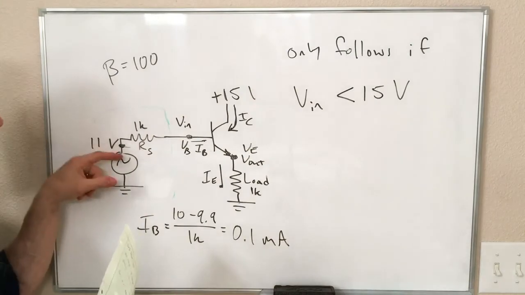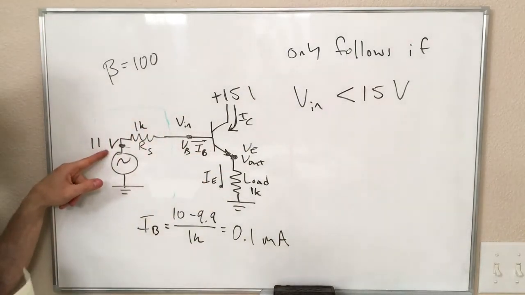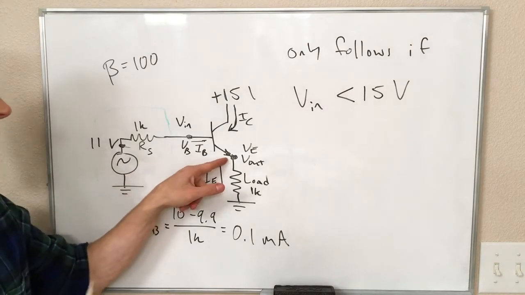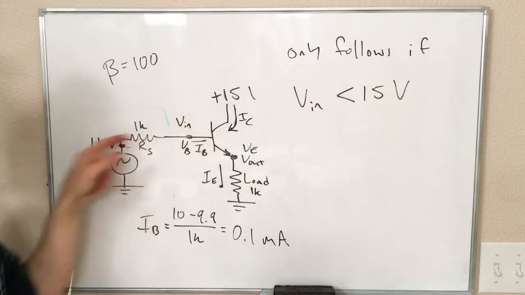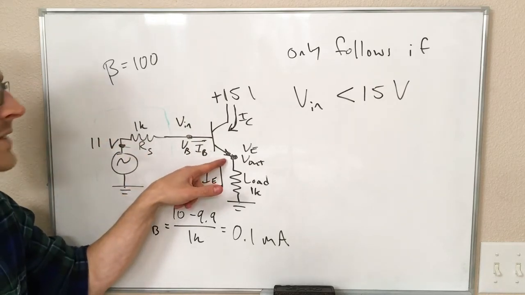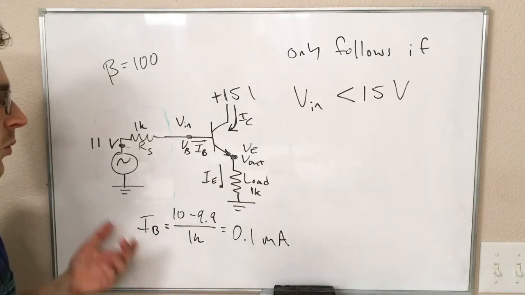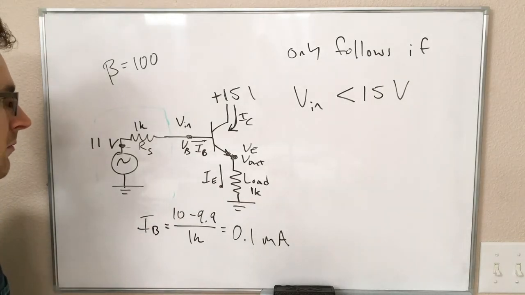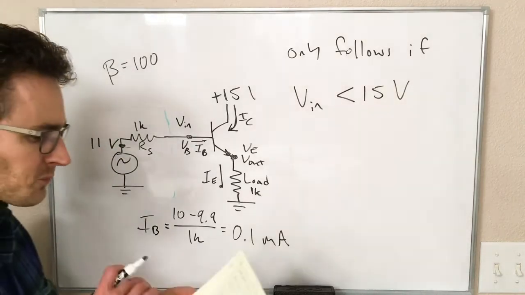So if our input goes too high, like if this is 16 volts, our output is never going to be able to go above a couple tenths of a volt below 15. So no matter what's going on over here, this cannot go above 14.8 or something like that. And so we're not going to be able to follow voltages that go too high.